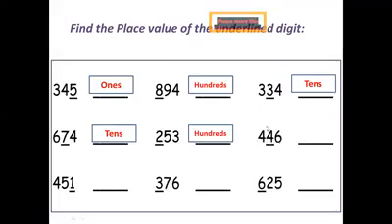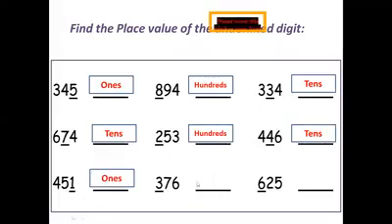This one, 446. The underlined digit 4. What is the place value of it? Yes, is in tens. This one, 451. The underlined digit 1. What is the place value of 1? Yes, ones. Excellent. 376. The underlined digit 3. What is the place value of 3?